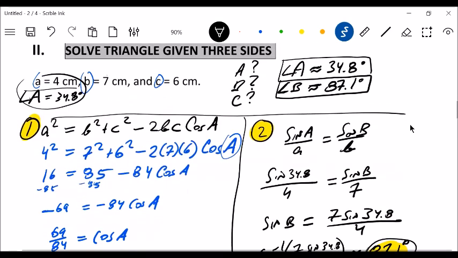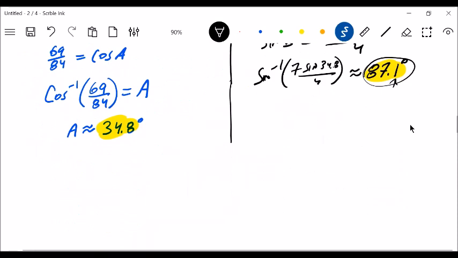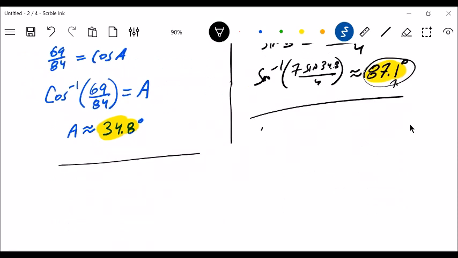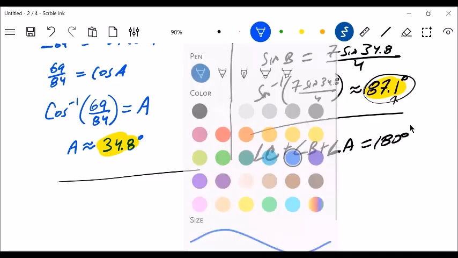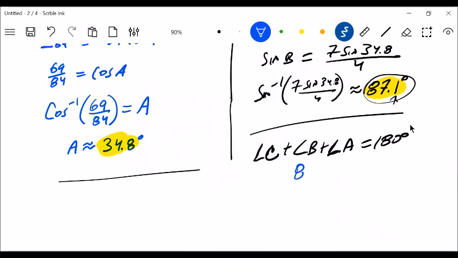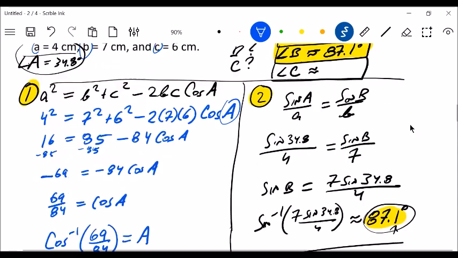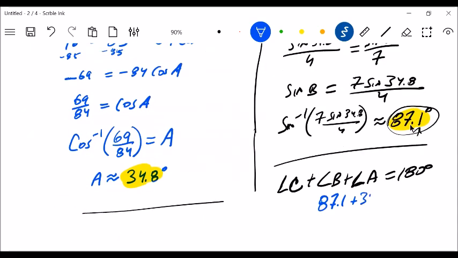So now we need to know what C is. So our next step, angle C is approximately what? Well, now that becomes an easy thing. Angle C plus angle B plus angle A is equal to 180 degrees. If I have two of the angles, I would know what the other one is. So B is 87.1, and A was 34.8, plus C equals 180.